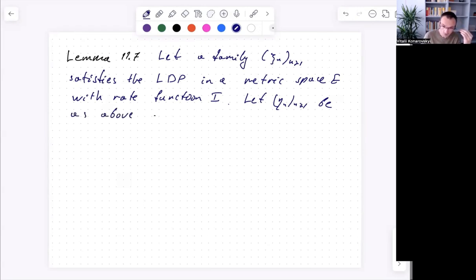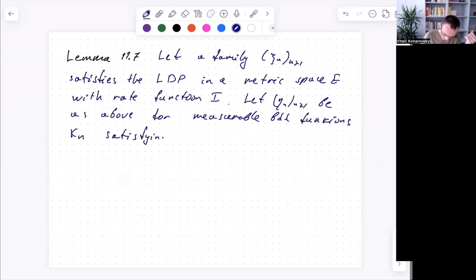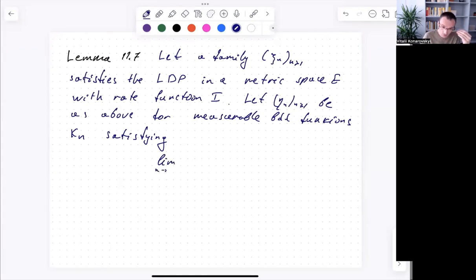And for measurable bounded functions Kn satisfying that Kn uniformly goes to 0 as n goes to infinity, the supremum over x belonging to E of Kn(x) is 0.